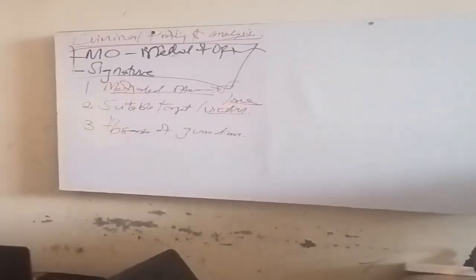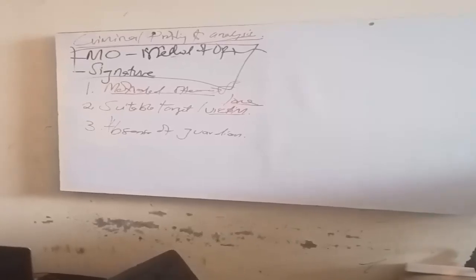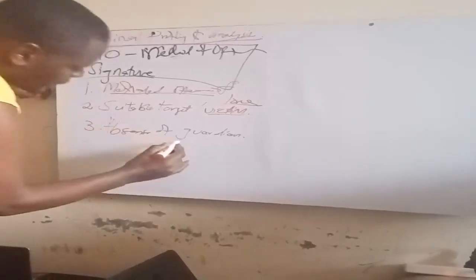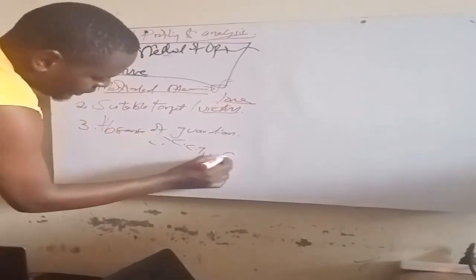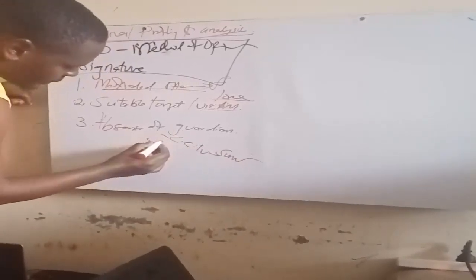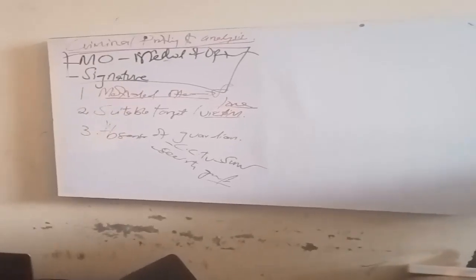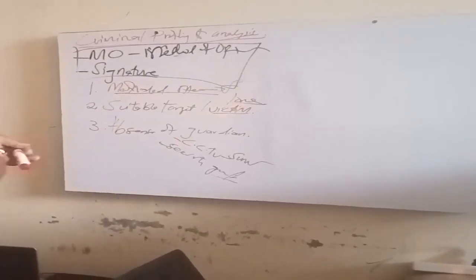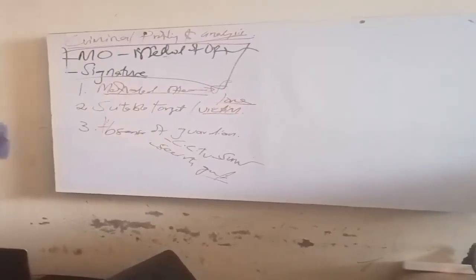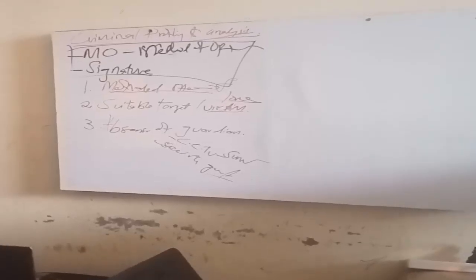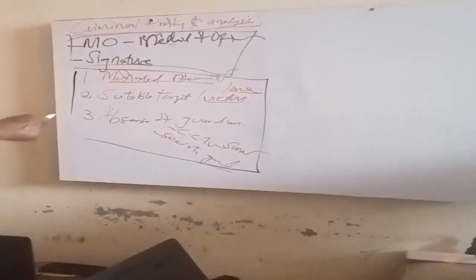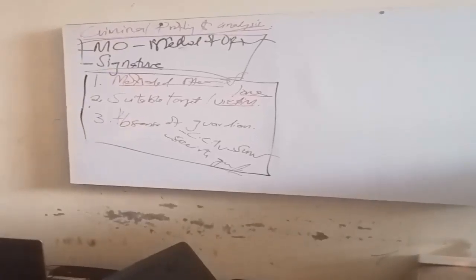So for instance, nimepitia place hivi ama a criminal amepitia a certain place, akaona that place hakuna CCTV, hakuna security guard, or this is what you call surveillance, so hakuna security guard, so anakuwa nini, anakuwa tempted kufanya a crime. Now these three basically, they are the factors that pull a criminal to conduct a crime.